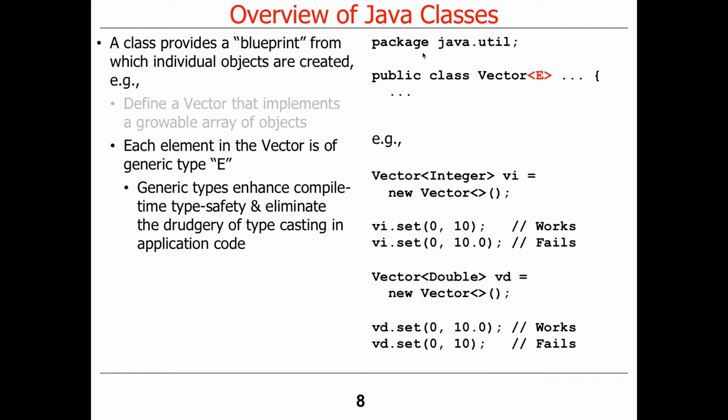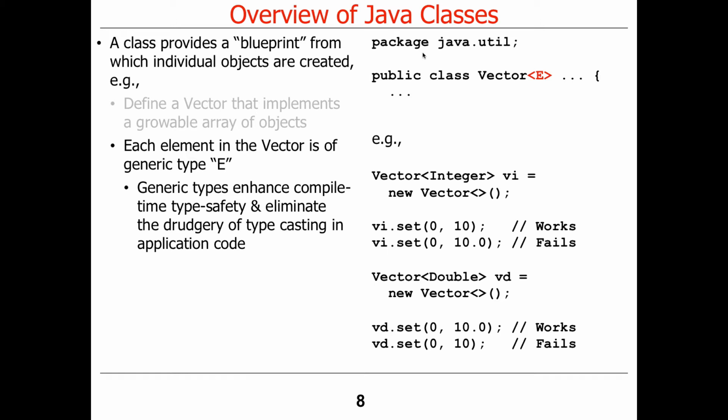So here's a very simple example. We have a vector of integer and a vector of double. As you can see here, if you say vi set 0 to 10, then this goes ahead and works because this is a vector of integer. But if we try to put a double into the vector of integer, that will not compile.